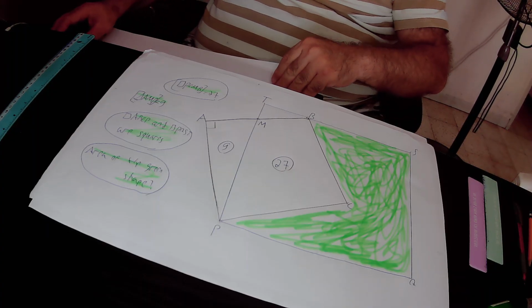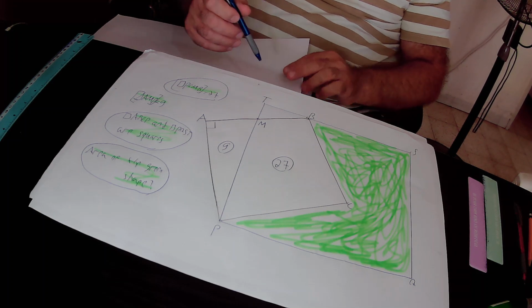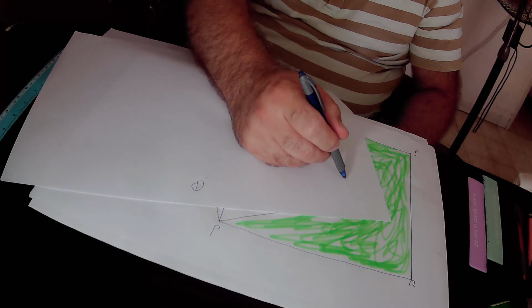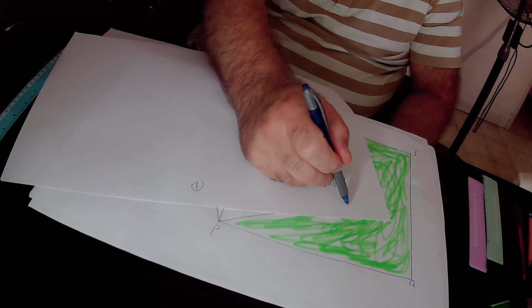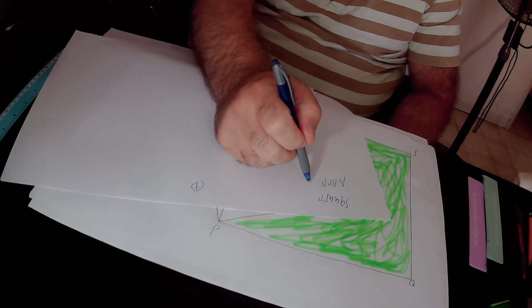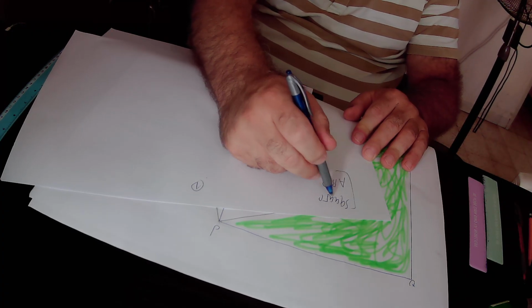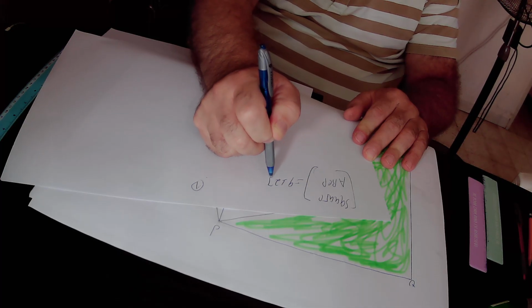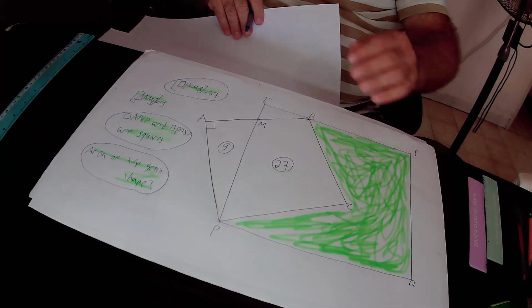So we write it down. The area of the small square ABCP is equal to 9 plus 27, that is 36 square units in its size.